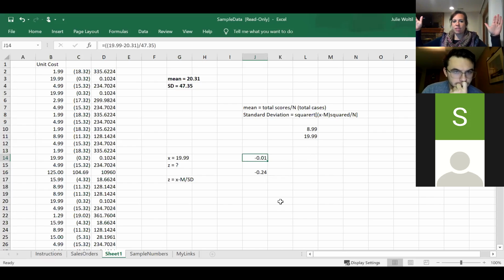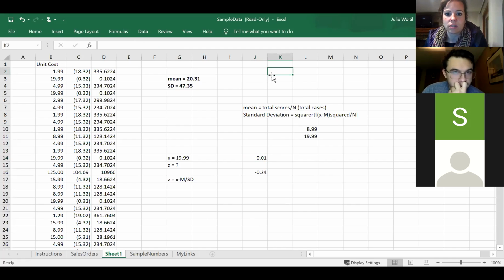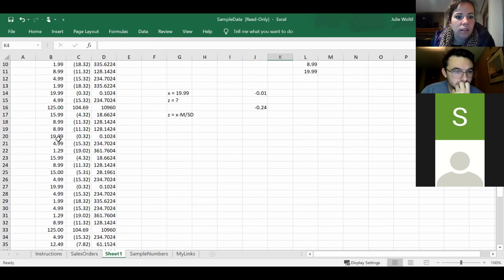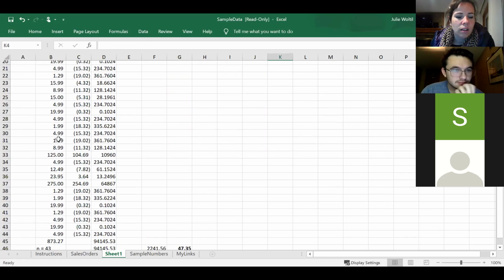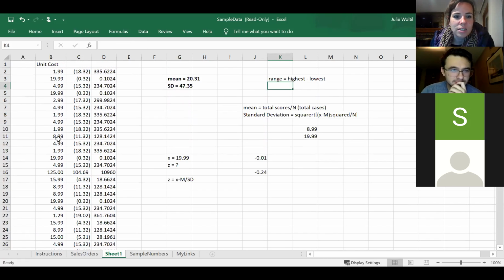In fact, if we were to calculate our range, let's do that. Do you guys remember how to calculate range? Highest minus lowest. Okay, so look through here. What is the lowest number? $1.29.